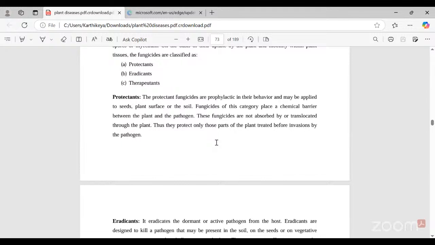Fungicides of this category place a chemical barrier between the plant and the pathogen. These fungicides are not absorbed or translocated through the plant. Thus, they protect only those parts of the plant treated before the invasion by the pathogen.